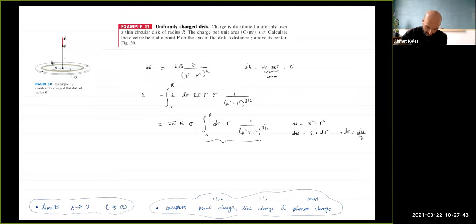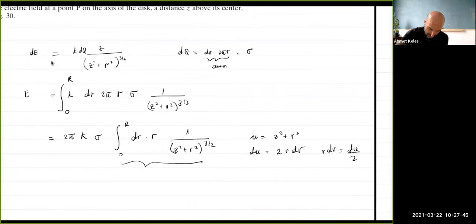So this integral will be, I don't want to spend a lot of space for integrals.